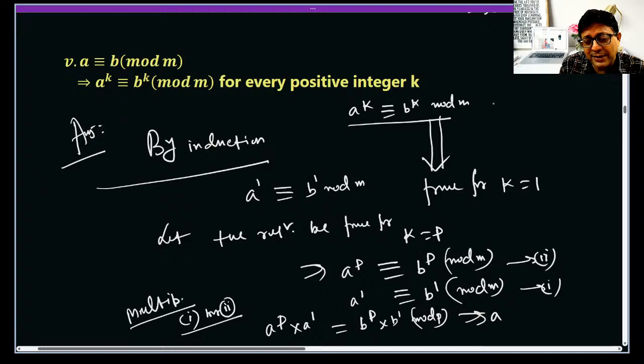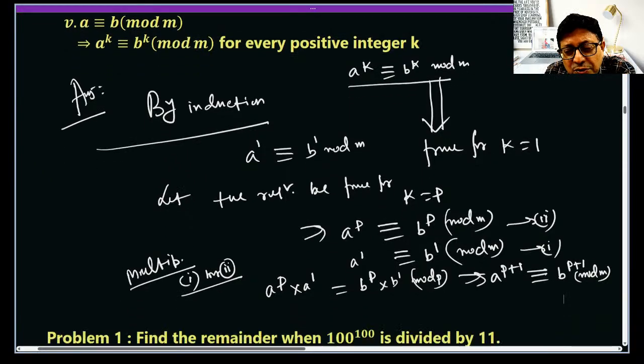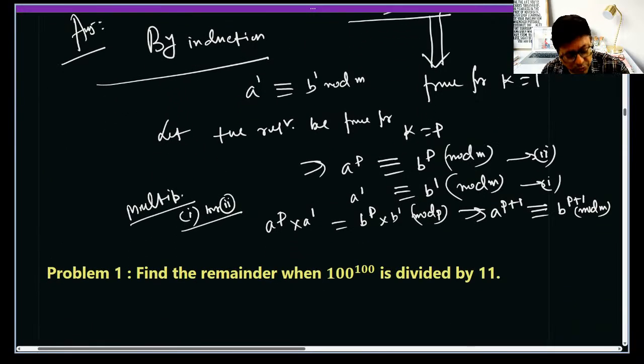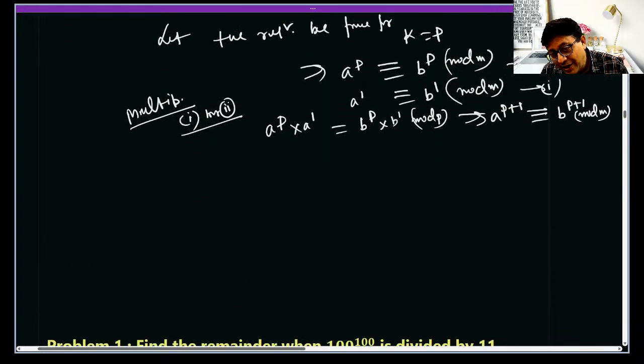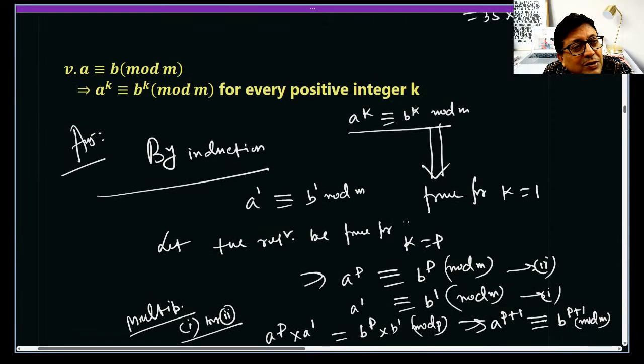So this implies a to the power p plus 1 is congruent with b to the power p plus 1 mod m. So if the relation is true for k equal to p, it is true for p plus 1 also. So we reach the conclusion that this will be true for every positive integer k. Clear? Understood?